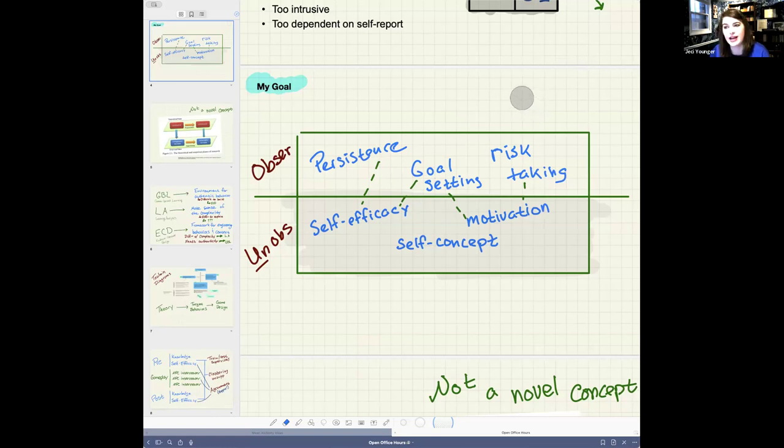We were looking at measuring social emotional learning skills with a game, and obviously it was less complicated because we were looking at preschoolers, not adults.